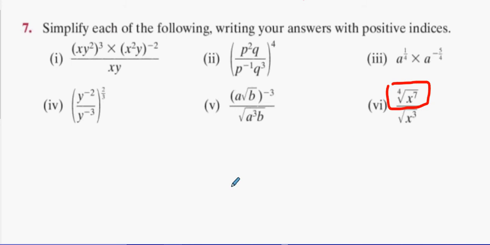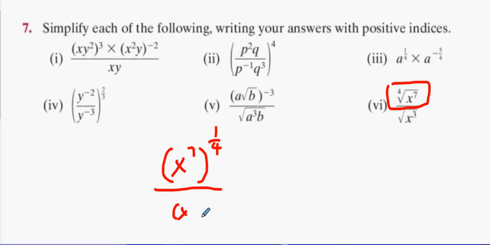What does the 4 mean on the outside? What's the rule for that? A quarter means what number when I multiply it by itself 4 times will give me the number inside the bracket. What's this then? Anybody? X cubed to the power of a half.